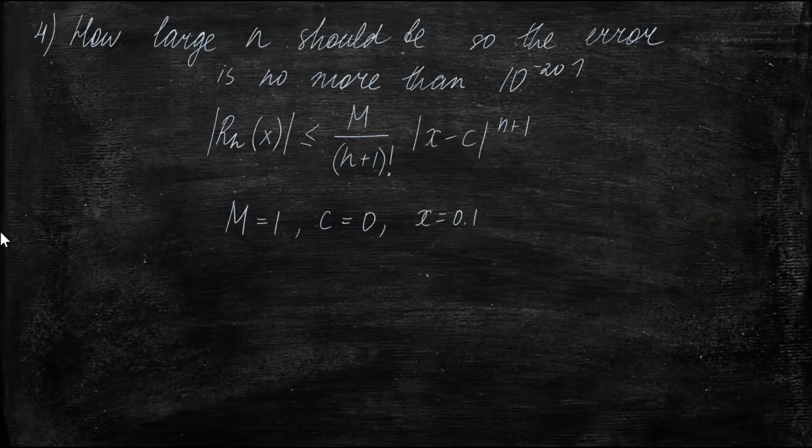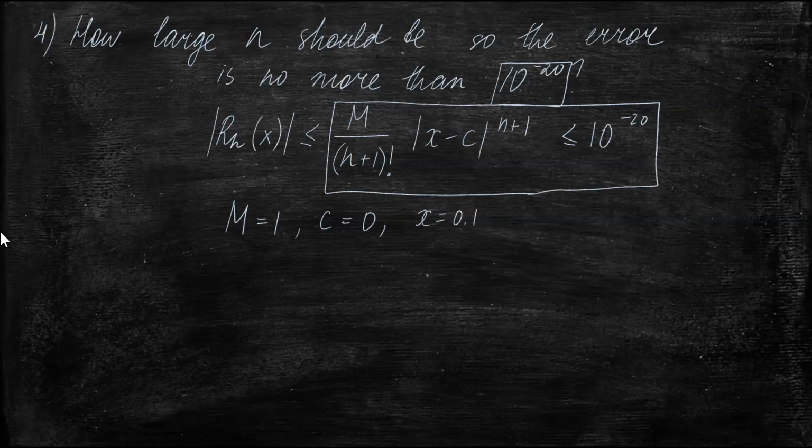So if we want to estimate the value of cosine of 0.1 with this accuracy, we have to pick n such that, if we make the right side of this inequality less than 10 to the negative 20, then the left side of this inequality has no choice but to be less than 10 to the power negative 20, and therefore the error of our estimate will be within the desired bound.